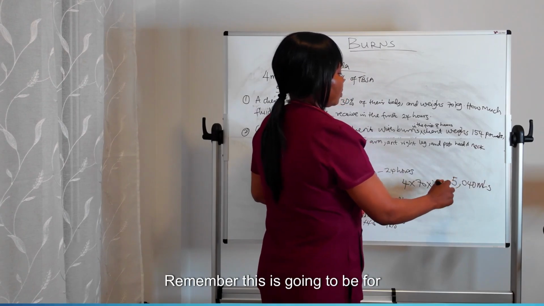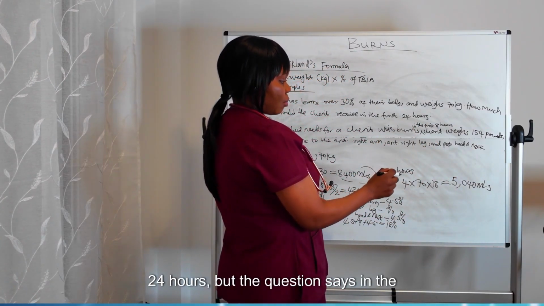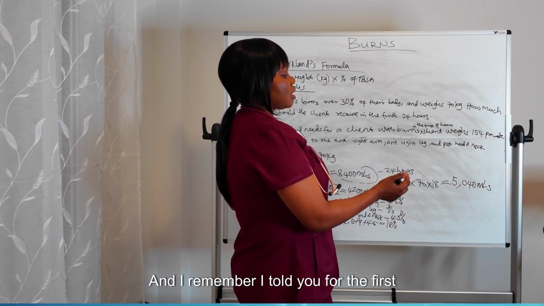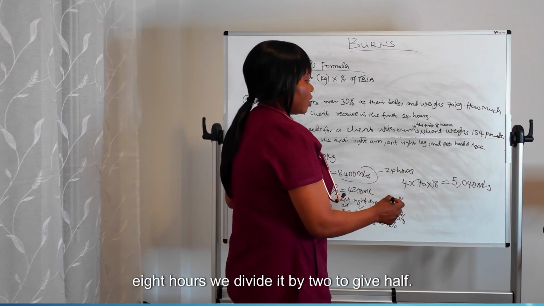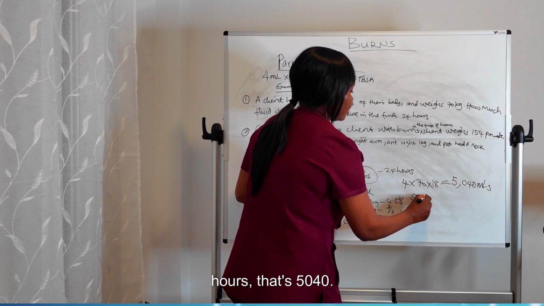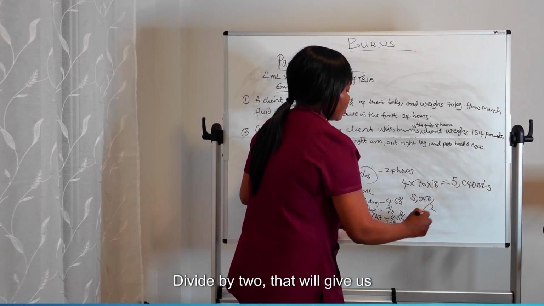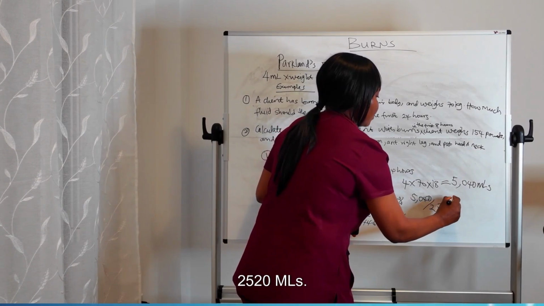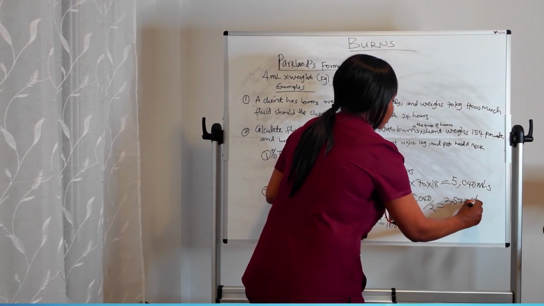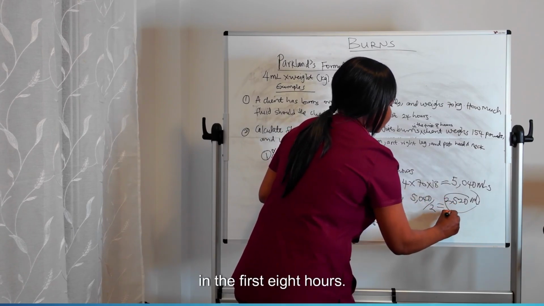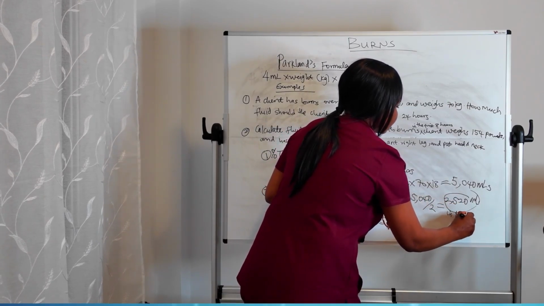Remember, this is for 24 hours, but the question says in the first 8 hours. And I remember I told you for the first 8 hours, we divide it by 2 to give half. So 5,040 divided by 2 will give us 2,520 ml. So this is what we'll give for this question in the first 8 hours.